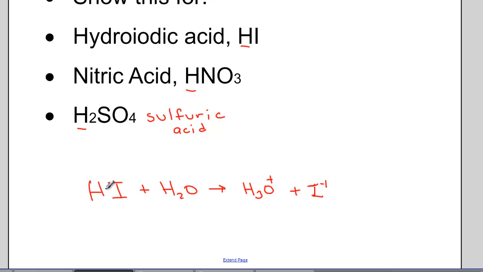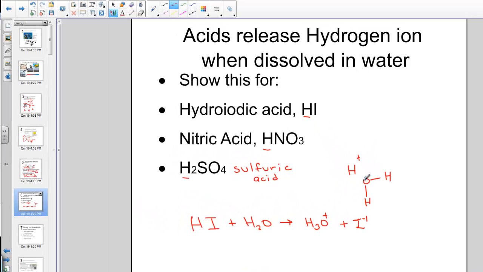HI dissociates, it separates, and when H separates from the iodide, we know that the water molecule is going to snatch it up very quickly. That free-floating proton in the water doesn't stand a chance of remaining unattached. This hydrogen ion that came from the acid protonates the water. So H3O plus is our acid ion, leaving behind the negative anion called iodide.